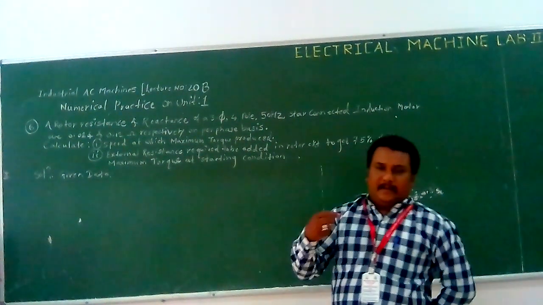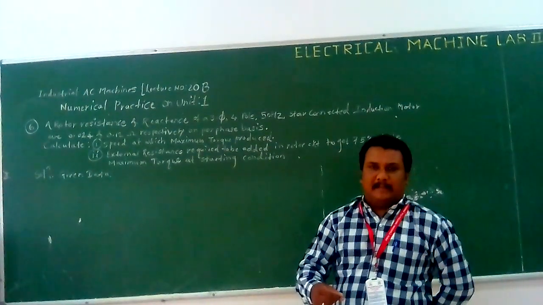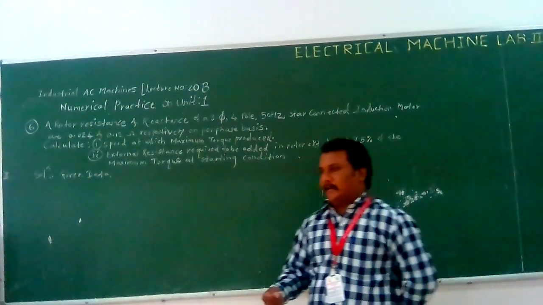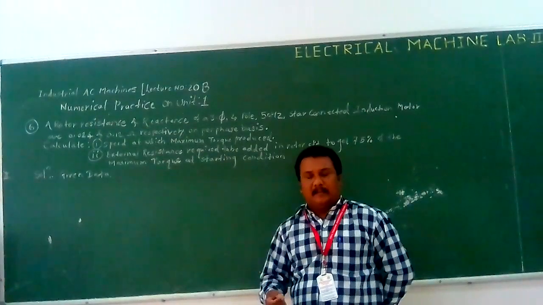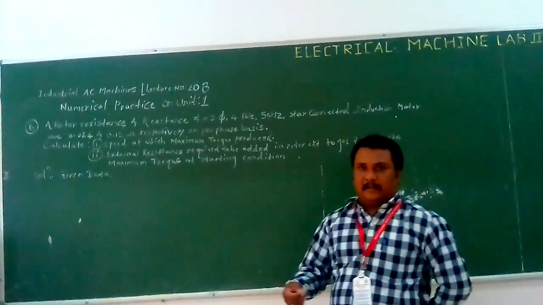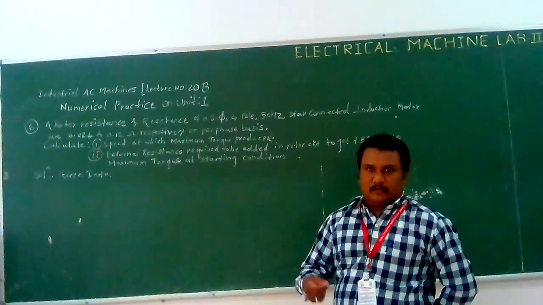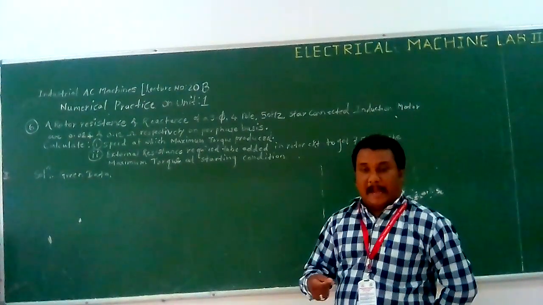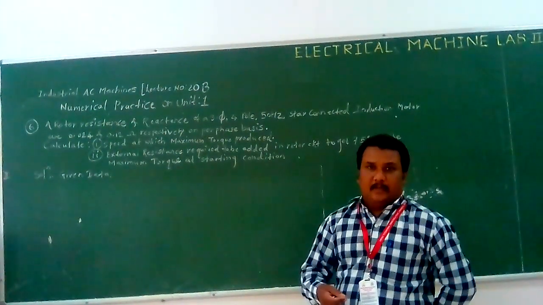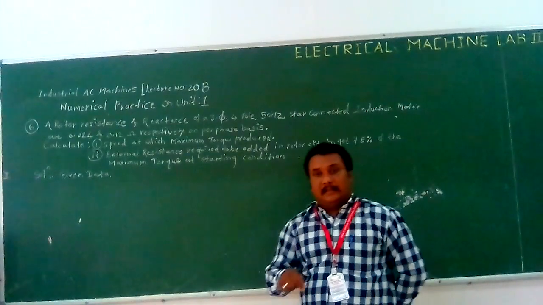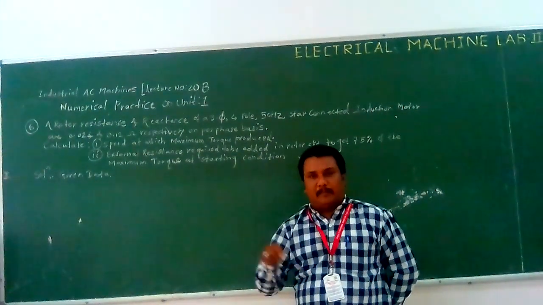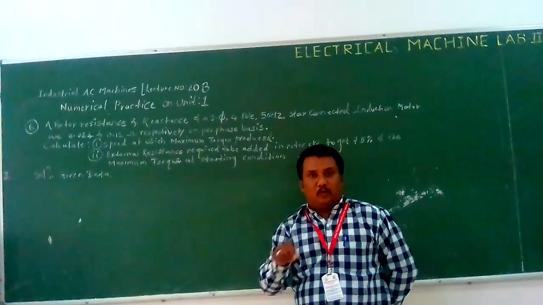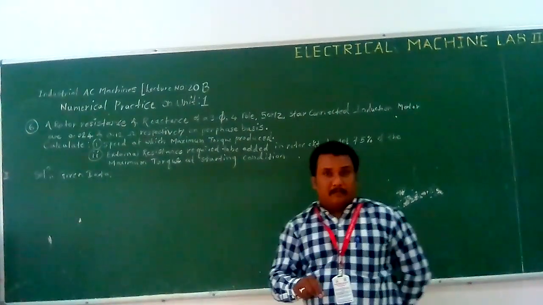First of all, whenever a numerical appears in the question paper or in the examination, the first care to be taken is that the student must read carefully and note down the given data, so that the effective formula can be chosen in the best way.